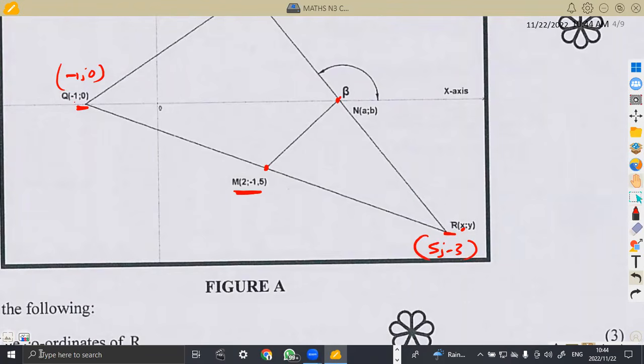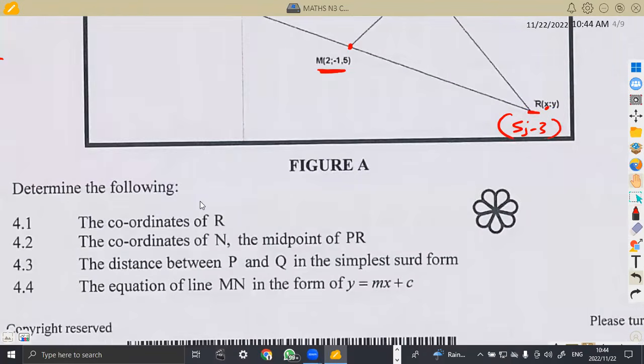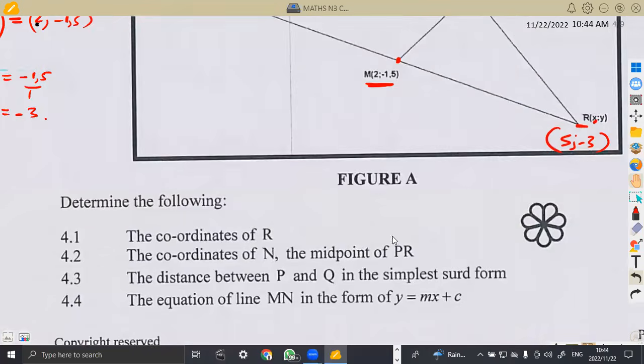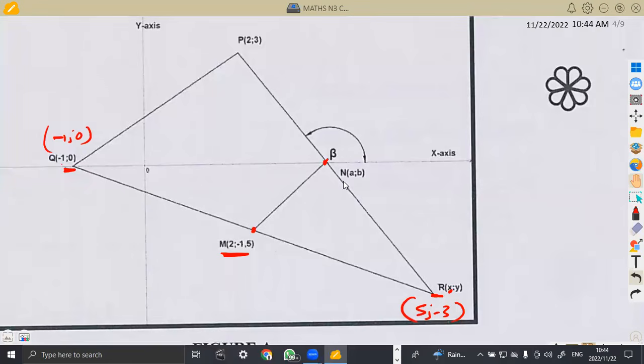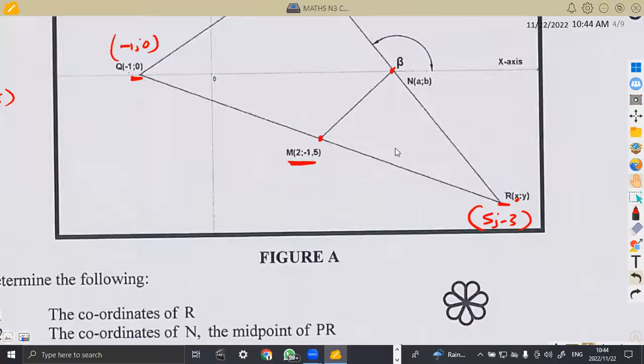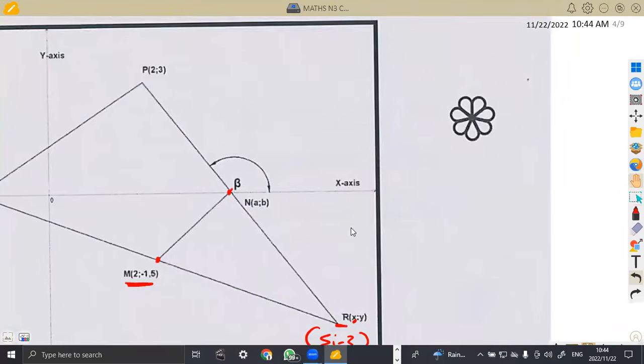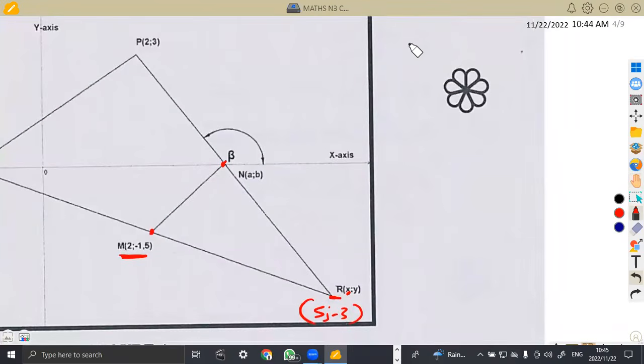Let's see the other part, the coordinates of N, the midpoint of PR. Now we can calculate it. If R was wrong, it would be difficult for us to calculate the coordinates of N. This is 4.2. Using the midpoint concept, N is going to be x1 plus x2, so 2 plus 5 over 2.